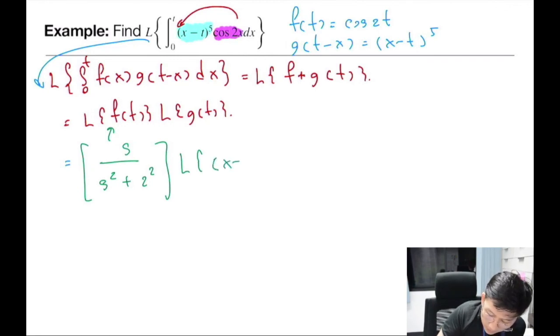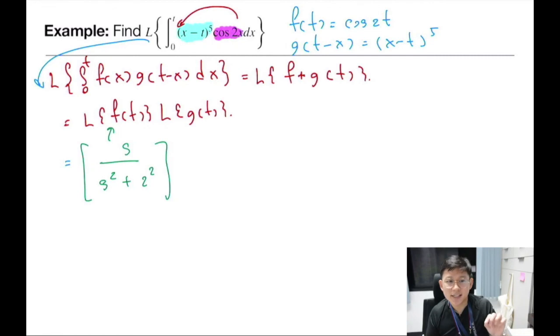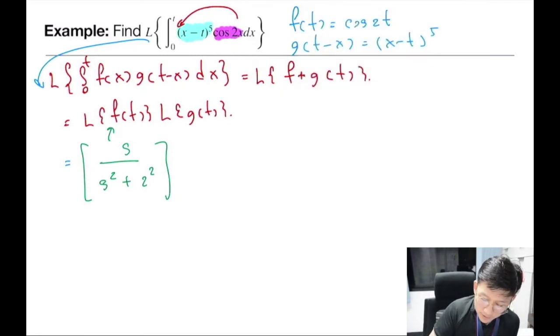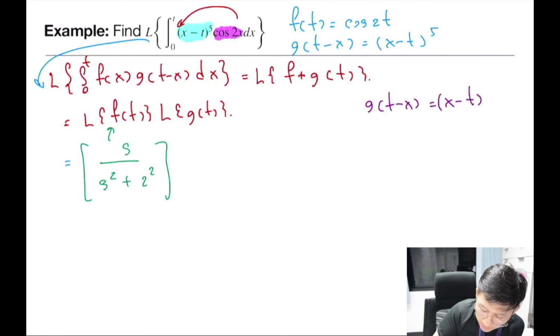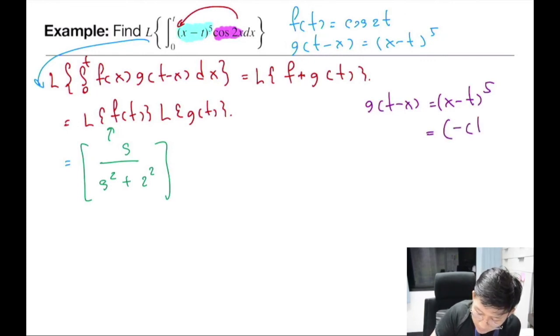So g(t minus x) is x minus t to the 5. This is the tricky part, guys. Let me write it down here. Can I write it as minus (t minus x) to the 5?